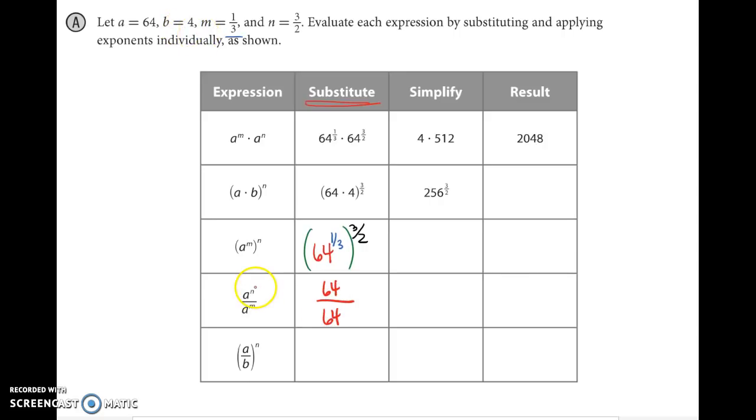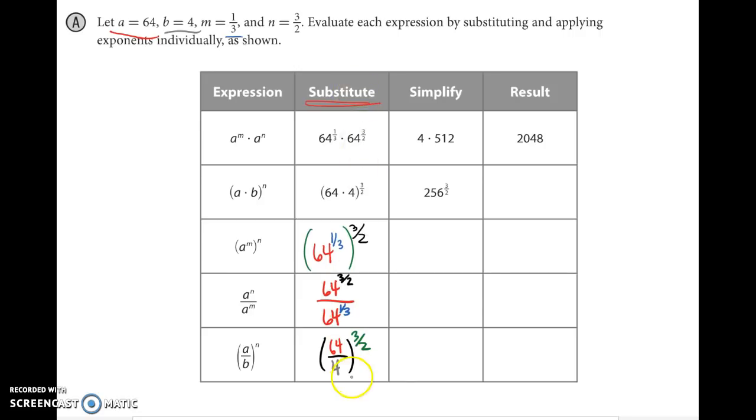And then we have N, so the exponent of N is 3/2. And then M is the exponent on bottom, and so that's a 1/3. And then I have A over B all to the power of N. So let's see. A is 64. B is 4. And N is 3/2.